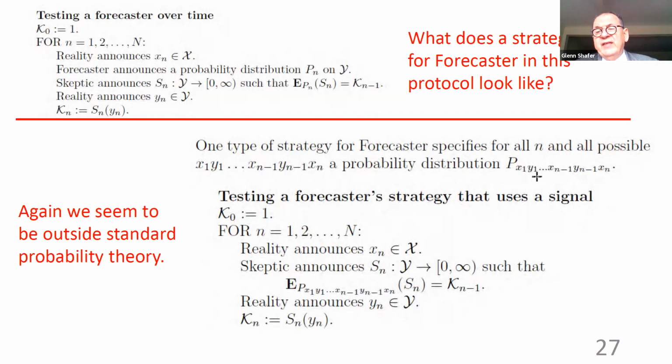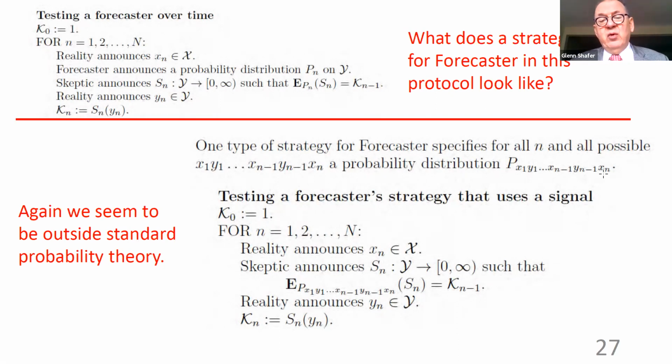Or if he had a strategy, that strategy would specify a probability distribution for every possible sequence of those preceding moves. Not just the ones that actually happened in the game so far, but for all the ones that could have happened. That's what a strategy in a game has to do.